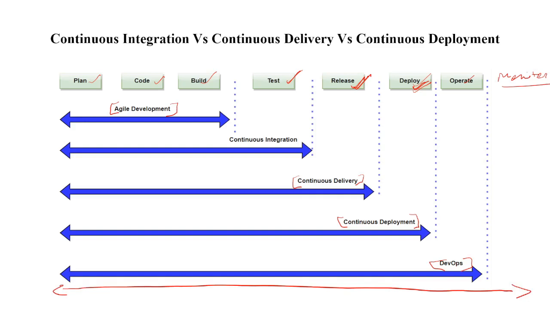So this is how DevOps looks, and the main difference comes here between continuous integration, continuous delivery, and continuous deployment.